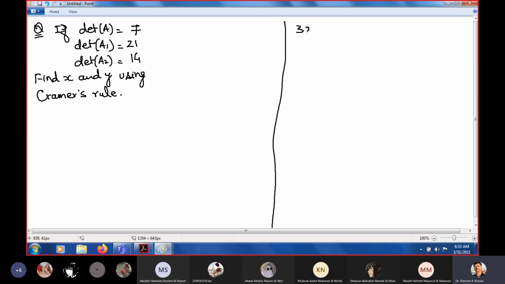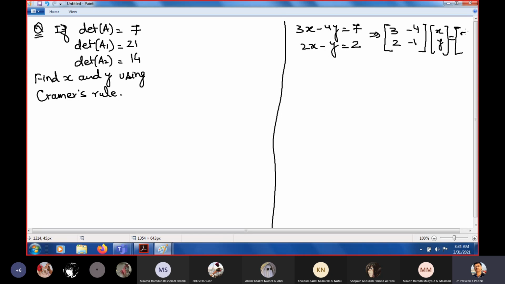If this is the equation 3x minus 4y is equal to 7, 2x minus y equal to 2, so first we will write them in matrix form: 3, minus 4, 2, minus 1, x, y equals 7, 2. This is Ax is equal to B.